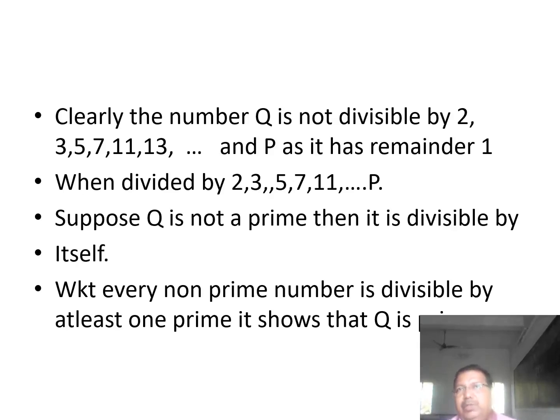Suppose we assume that Q is not prime. We know that every non-prime number is divisible by at least one prime, by the result. Already these primes 2, 3, 5, 7, etc. do not divide Q, that is, Q is not divisible by these numbers. So if Q is not prime, then it is divisible by some prime, and the only remaining possibility is that Q is divisible by itself.